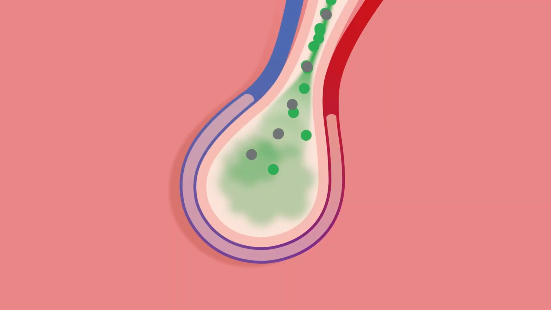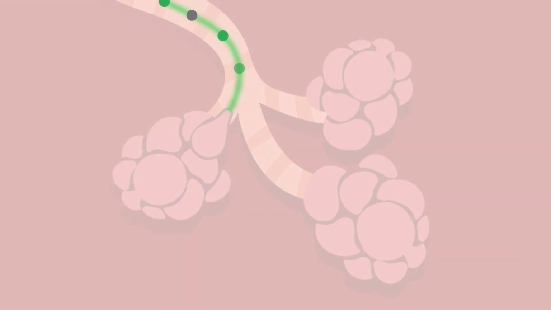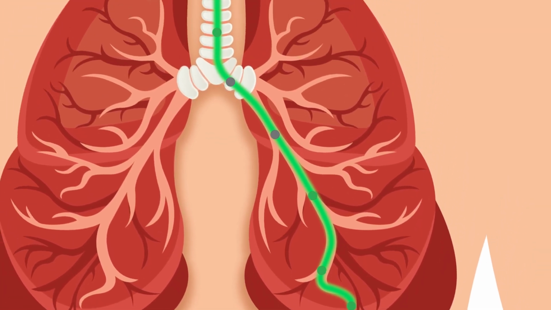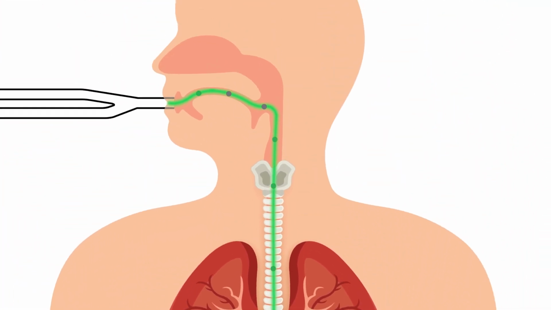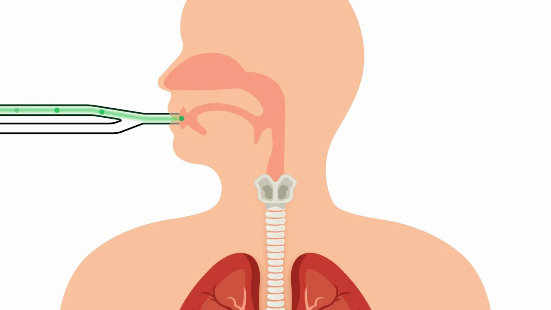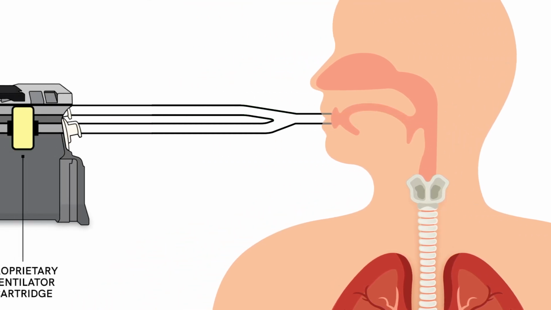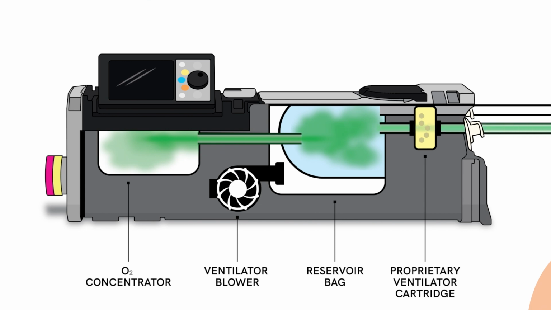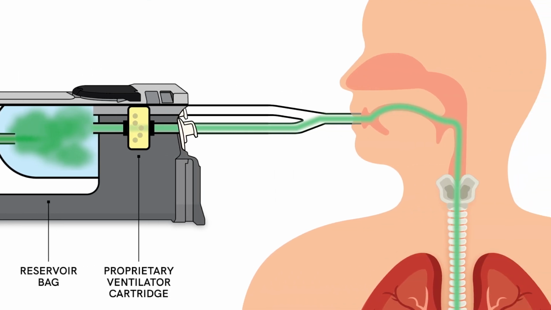As the patient exhales, the gas mixture flows back out of the lungs. The expelled gas is redirected and flows back into the MOVES SLC reservoir bag, then through a proprietary ventilator cartridge that removes the carbon dioxide so it's ready for inhalation again by the patient.